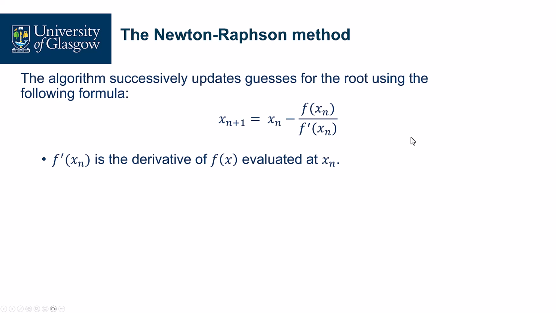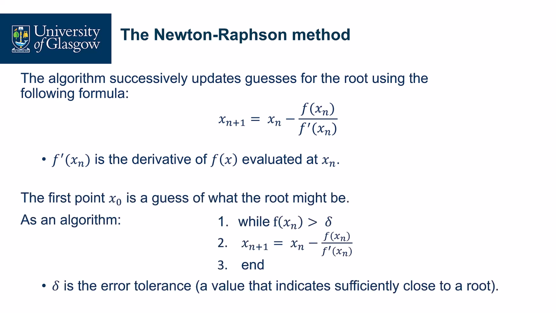So how to program it? Clearly, this is an iterative process, so we need a loop, right? But using a for loop is not easy because we don't know how many times it will take for f(x) to be smaller, and equal to 0, right? So we need to use a while loop. So this is a program that we can get. We first provide x0.